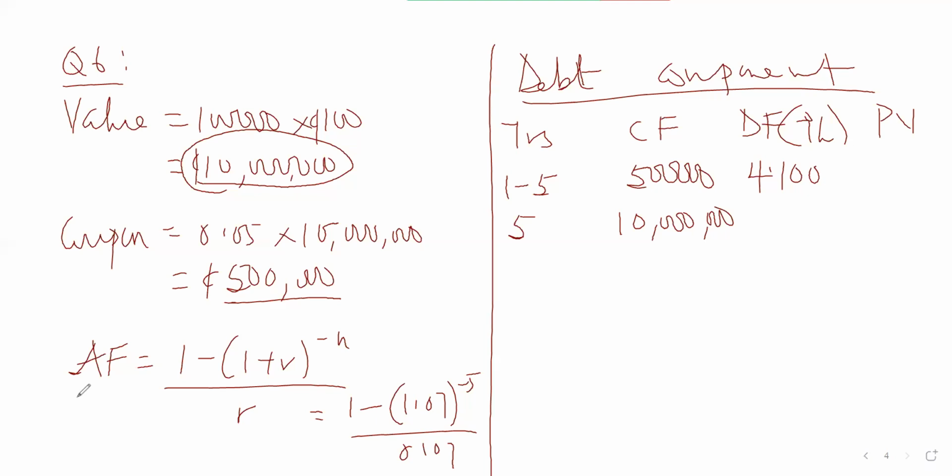So what we do is that we find only the discount factor for 5 years. So 1 divided by 1 plus 0.07 to the power of 5. What are we getting? 0.713. So let's now find our present value. 500,000 times 4.10. What are we getting? 2,050,000.